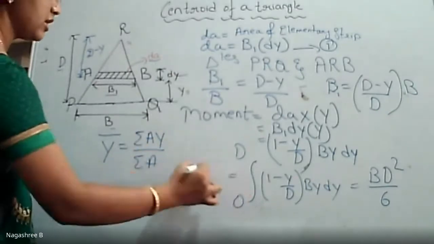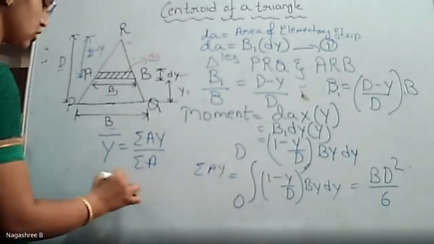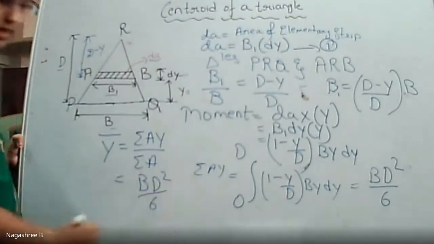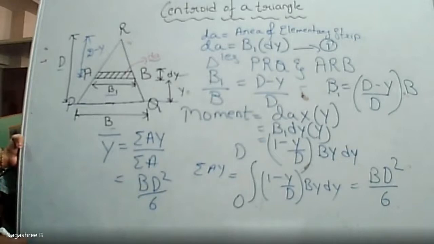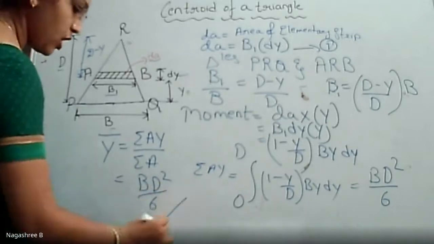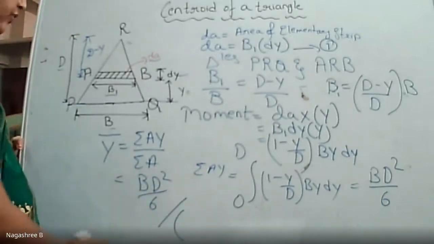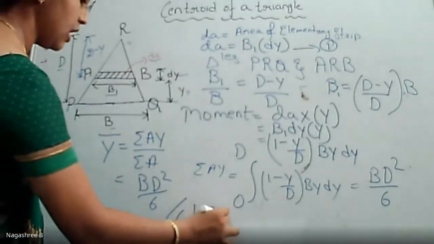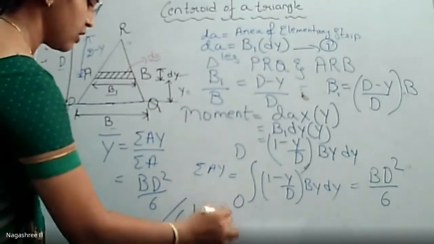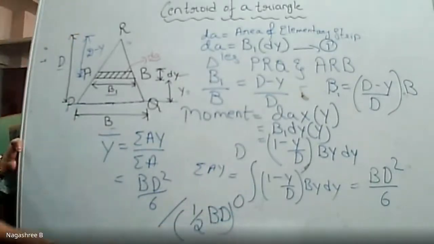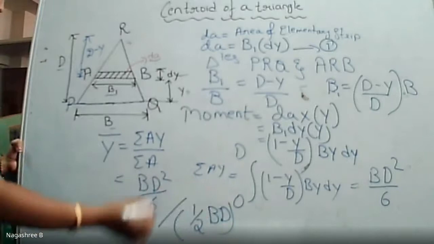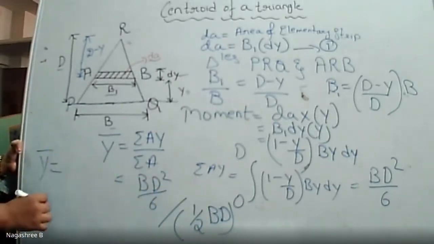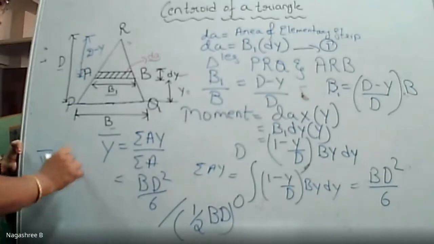Substituting B d square by 6, divided by the area of the triangle, which is half times base times depth, and simplifying, I'll get the value of y bar as d by 3.